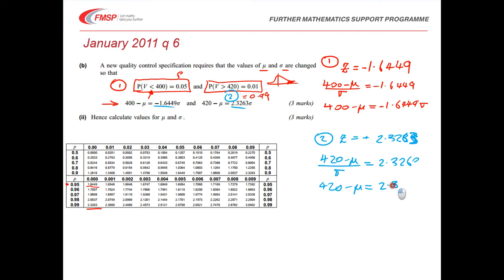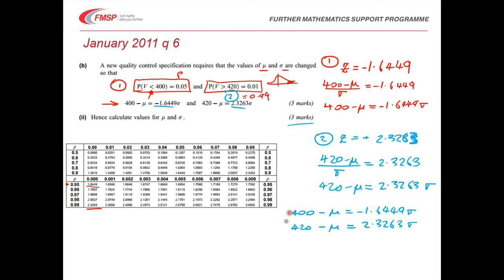So what we're required to do now is to solve this simultaneously, okay, for your final 3 marks. Now, the way that these work is it's much, much easier to do elimination than it is to do anything else, because you'll always have just mu. It's always by far the best way of doing these.